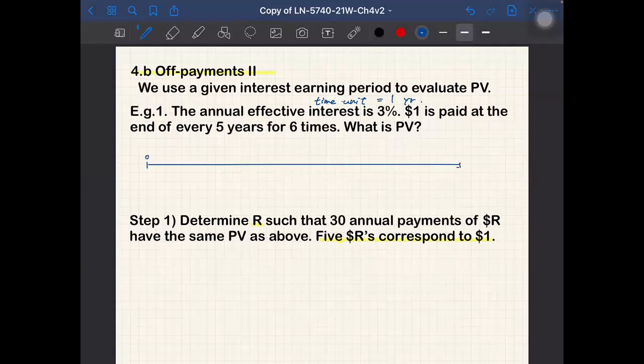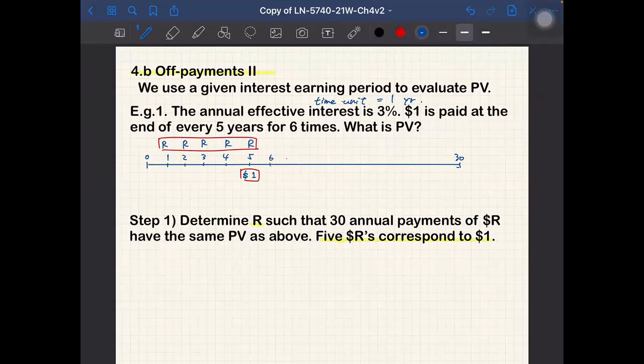Time diagram that starts with 0 and ends with 30, and the payment happens only at multiples of 5. But we think about the equivalent annual payments. So I would say that the payment of R has the same present value as this $1.